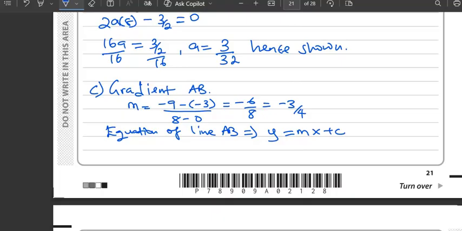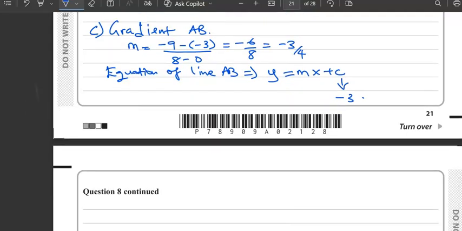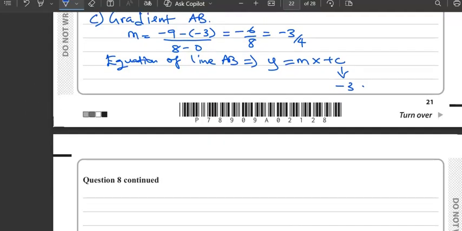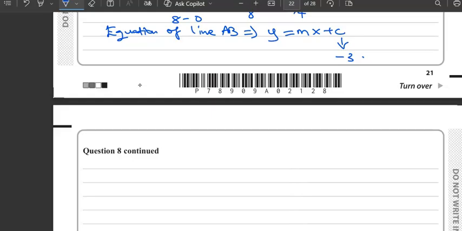So this means the y-intercept, that is c, is the same as -3. And the gradient we already have is -3 over 4. So when we substitute, the equation becomes y equals -3 over 4 x minus 3.